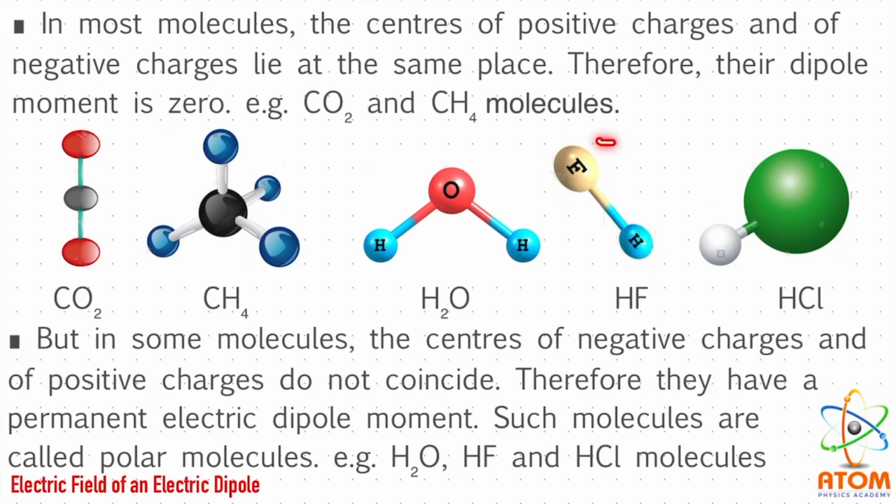That's why fluorine becomes negatively charged and hydrogen becomes positively charged, creating a dipole moment. And the same is true for HCl. Here the electronegativity of chlorine is more than that of hydrogen. That's why chlorine becomes negatively charged and hydrogen becomes positively charged, which creates a dipole moment.